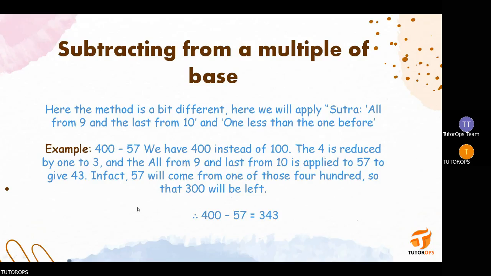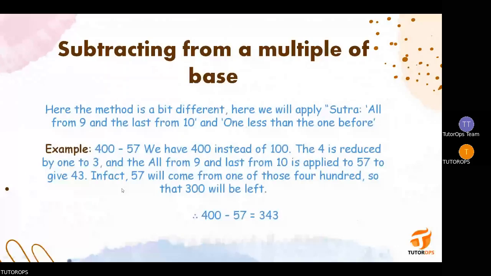Okay. So in this method, what we need to do? We need to reduce the first digit with this method, and we will reduce the first digit to its previous digit, and the all from 9 and last from 10 is applied to 57 to give us 43.